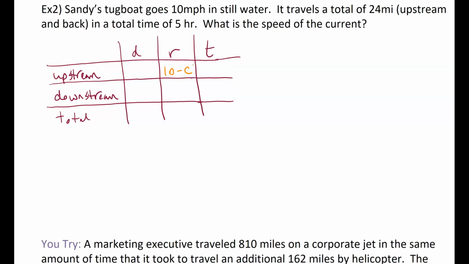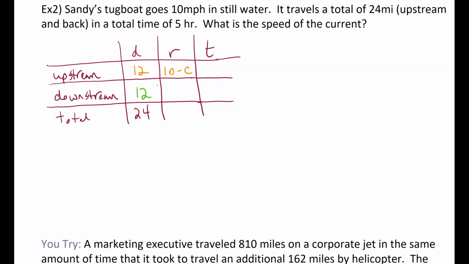All right. It travels a total of 24 miles upstream and back. The total distance is 24. So what does that tell us about our upstream and downstream? 12 each. So 12 going upstream and 12 going downstream.